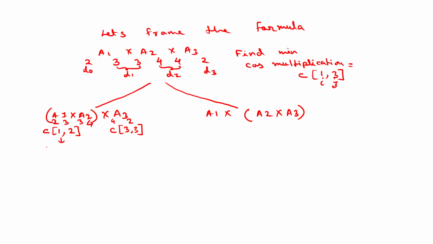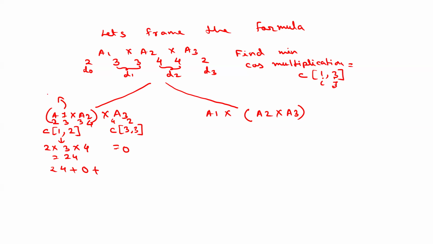So C12 means 2 cross 3 cross 4, that is 24, and C33 is 0.